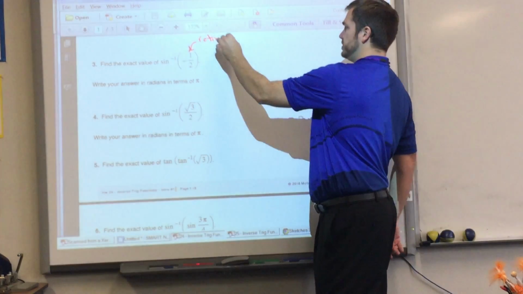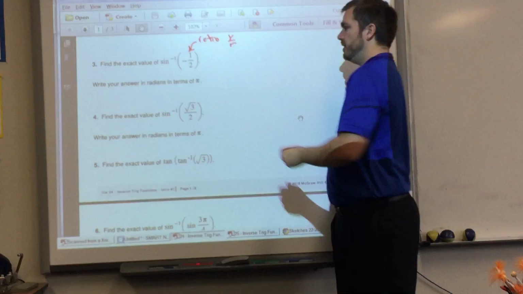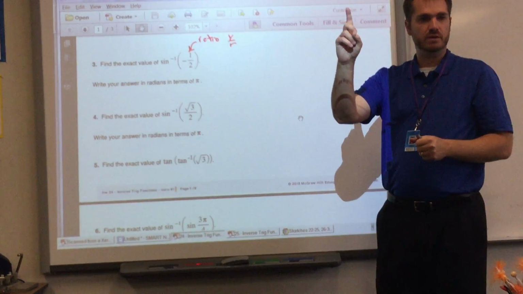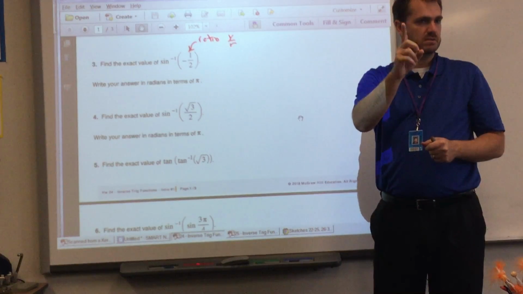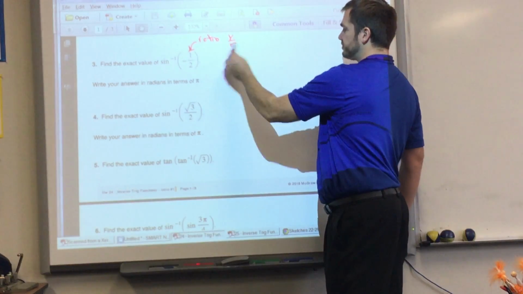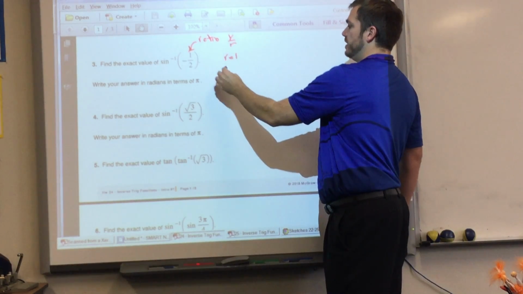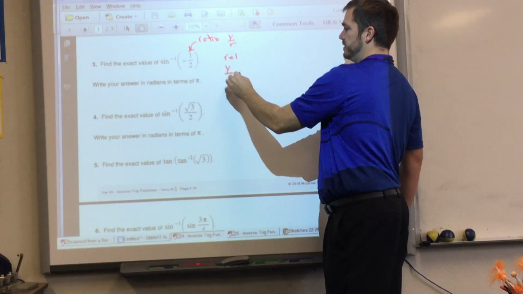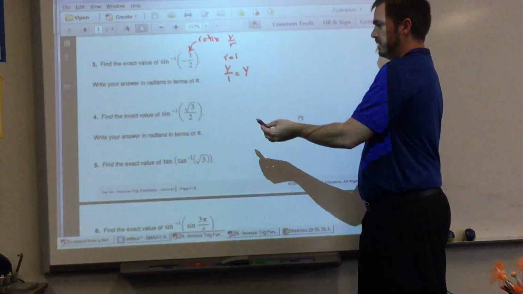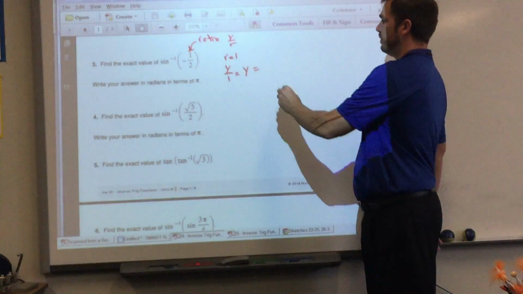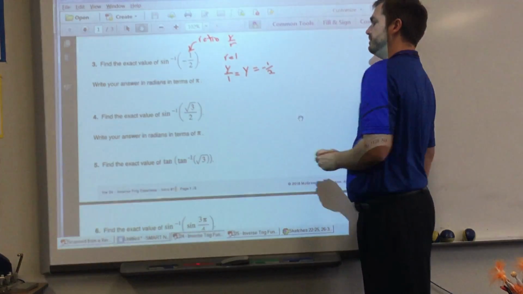Y over R. Now, if you look on your unit circle, we all know that the radius value is 1. So when R equals 1, then Y over 1 just equals Y. And so we're looking on the unit circle where there is a Y value of negative 1/2.